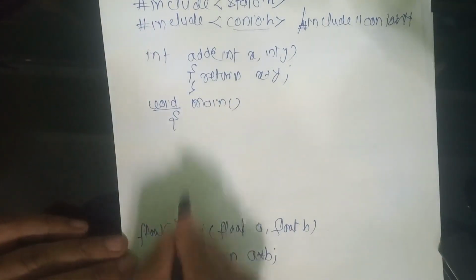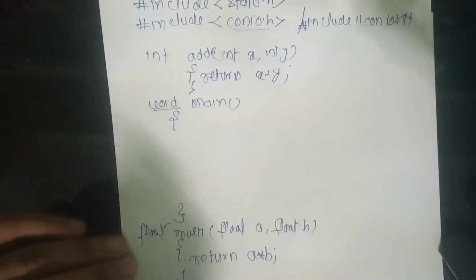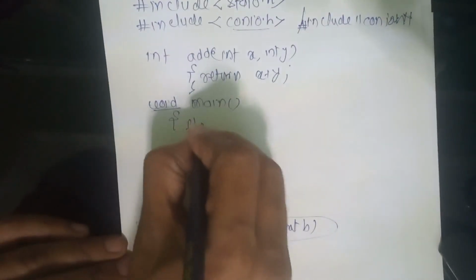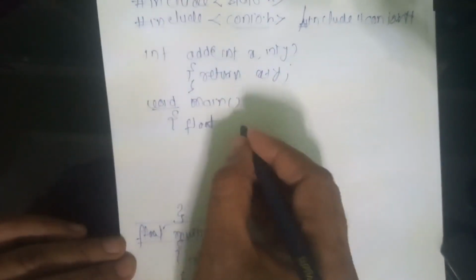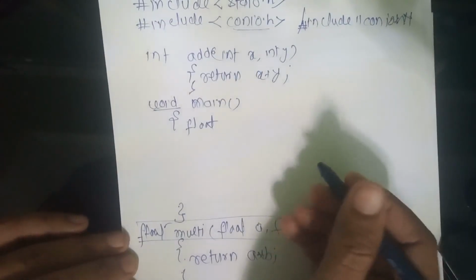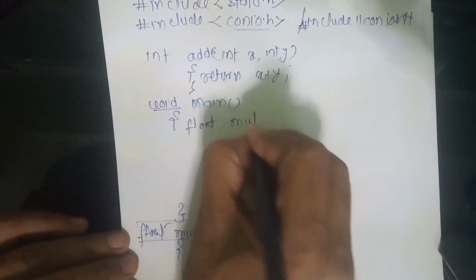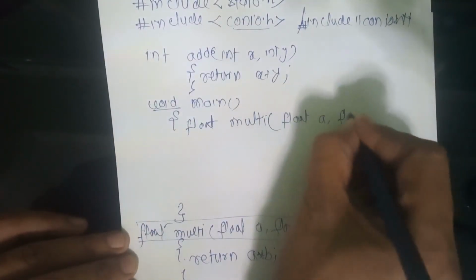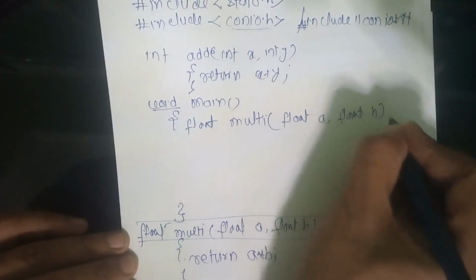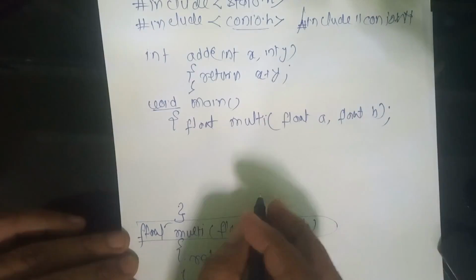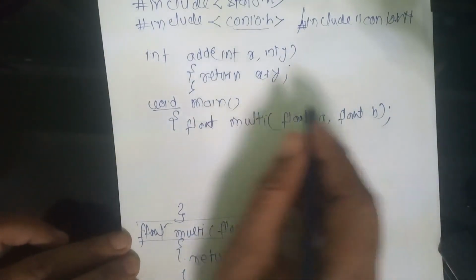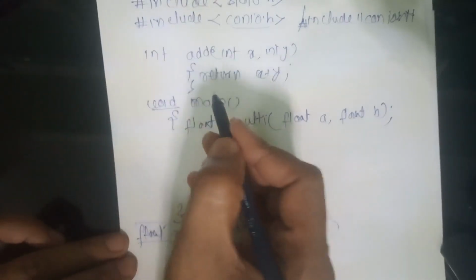To call or use this function, you must declare it. This declaration we can do inside, at the beginning of the main function. For the declaration we just copy and paste float a, float b. Although writing variable names at the time of declaration is optional, you can omit these variables, and declaration of this add method is not required.